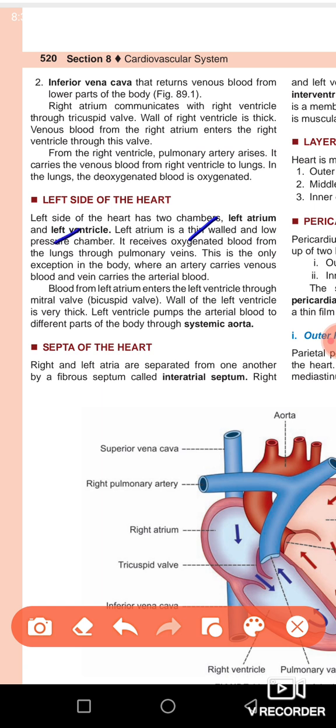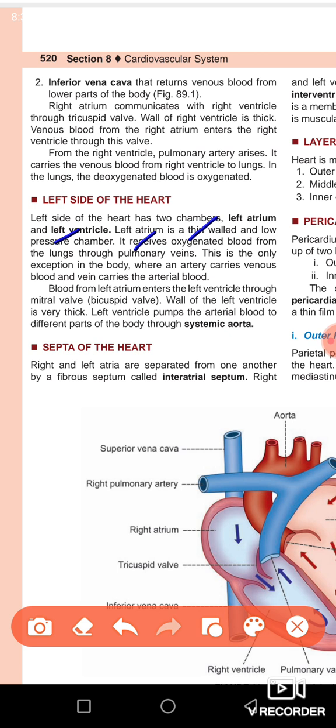So the left atrium receives oxygenated blood from your lungs. The lungs are giving oxygenated blood back into the heart. The pulmonary veins are coming out of your lungs, and they are entering into your left atrium. Pulmonary vein especially is a vein which carries oxygenated blood.